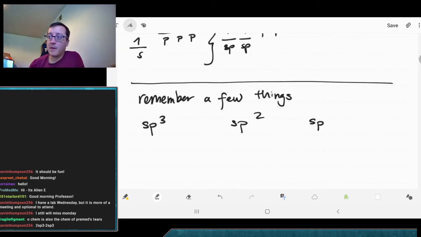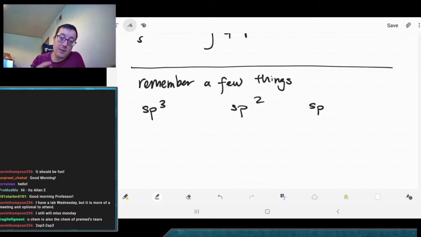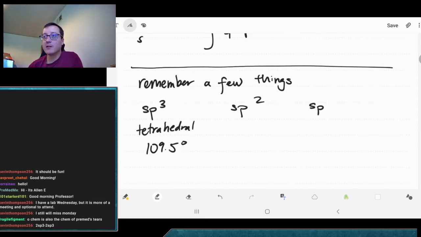If we want to think about the bond angles here, remember that sp3 hybrids, we're going to make 4 bonds. 4 bonds means 4 electron domains. 4 domains means tetrahedral. And that means you're going to have those lovely 109.5 degree bond angles when you're dealing with something that's sp3.